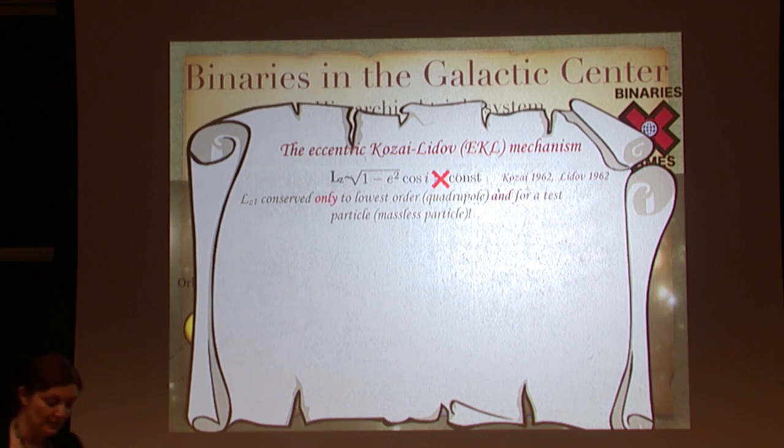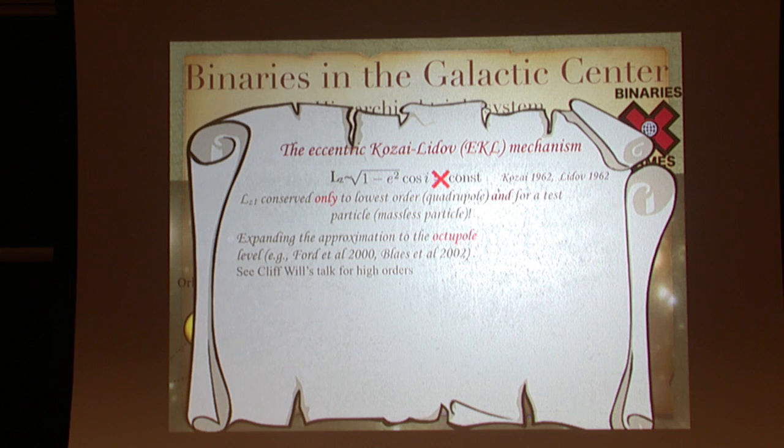It is valid in a case where my outer potential is axisymmetric, for example, if the outer orbit is circular, and only if one of the particles in the binary is a test particle, so no mass. Only then is this conservation law valid.